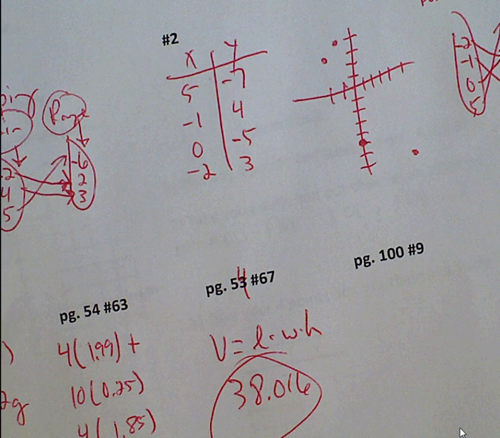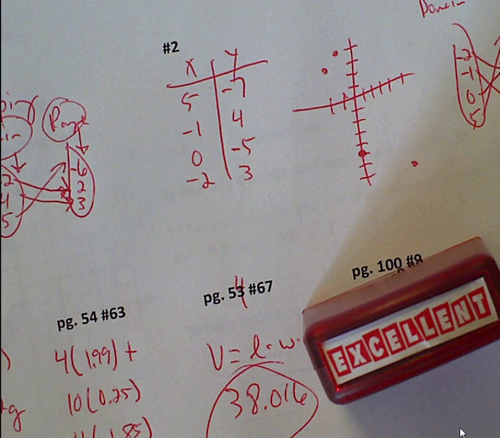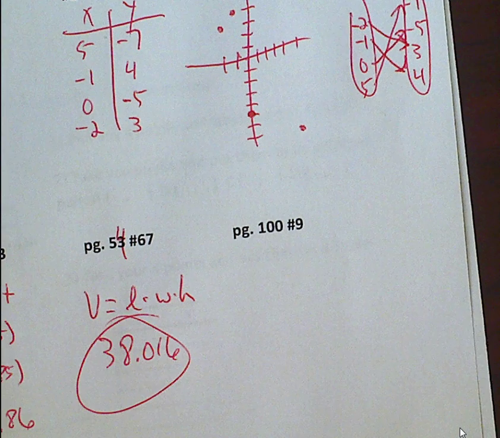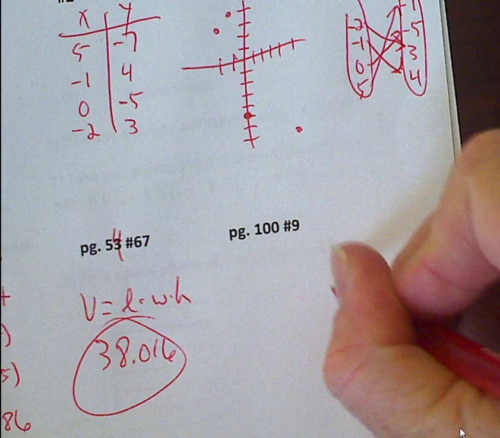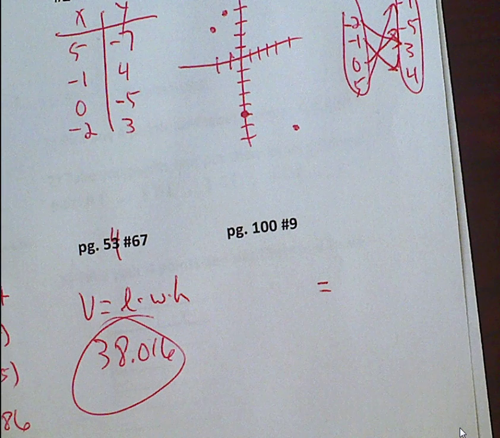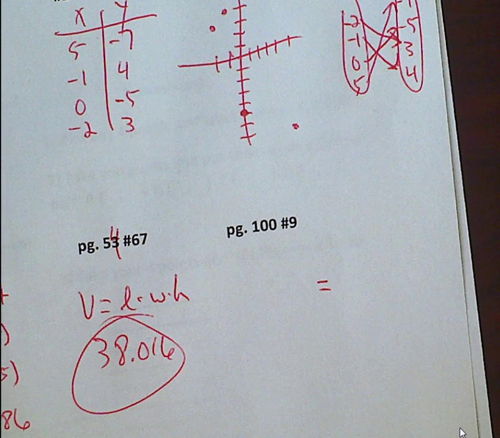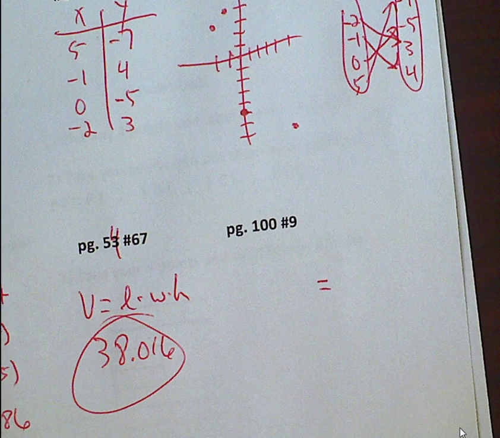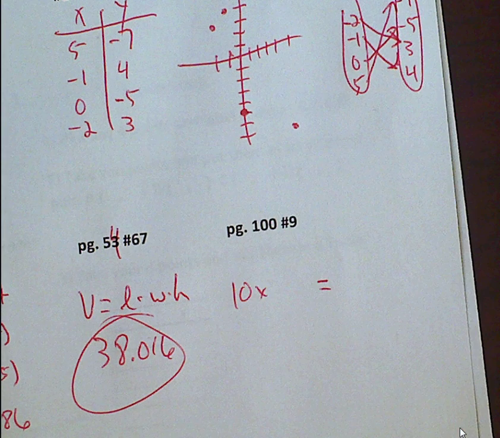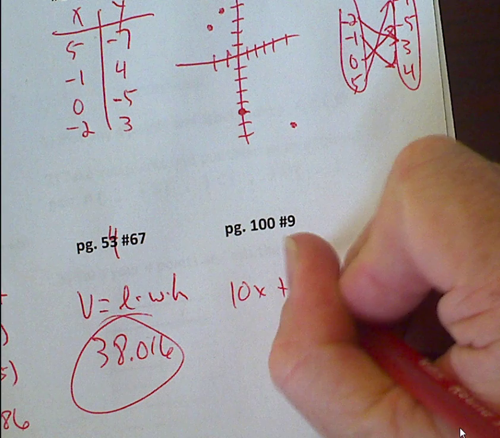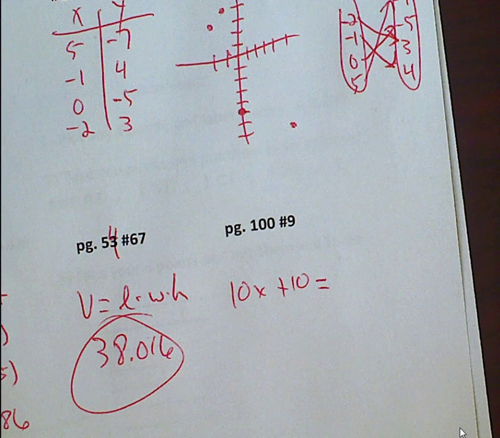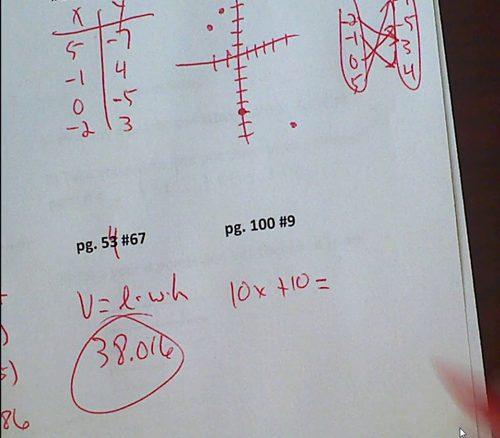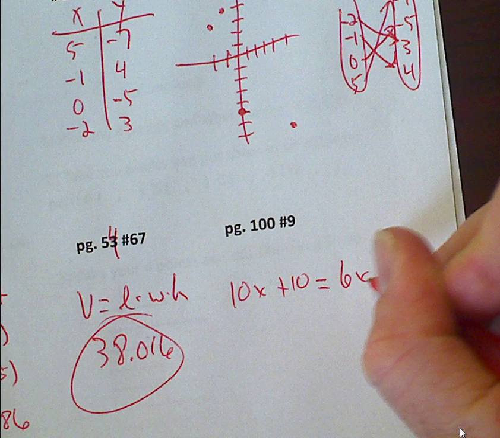Page 100, number 9. Pause the video and try. We've seen this over and over again. We need to find the perimeter, so that would be 3x, 2x, 5x, that would be 10x on this left side, plus 10. My right side would be x plus 2x plus 2x, that's 6x, plus 26.